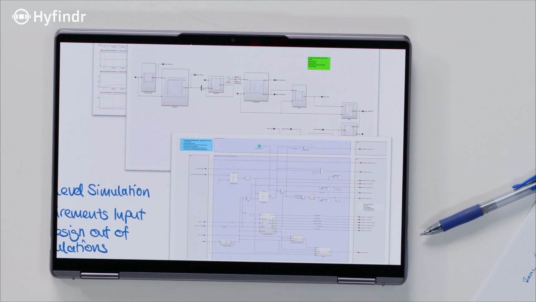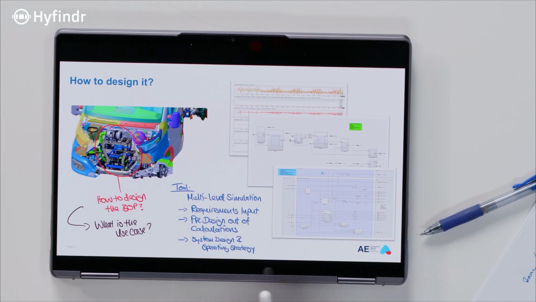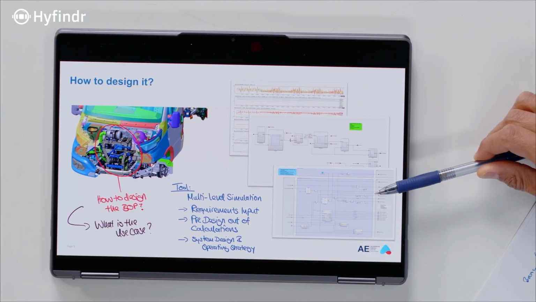Exactly. Just a step back: first there was the requirement, then the basic simulation. Then we modified the simulation model into this digital twin.